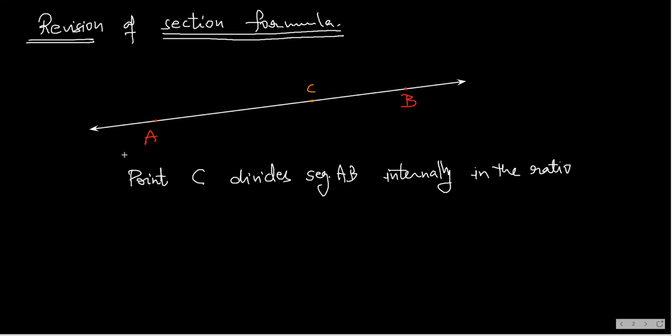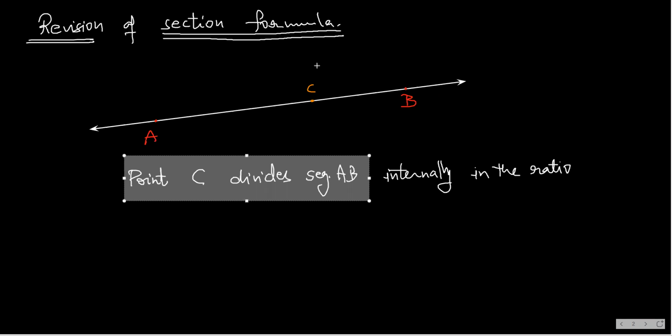Here you are writing C divides AB. So if C is dividing AB, then the ratio will be AC upon BC. Remember that. This will be the ratio.